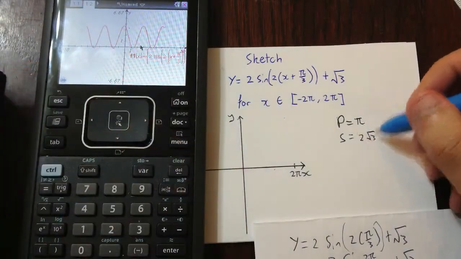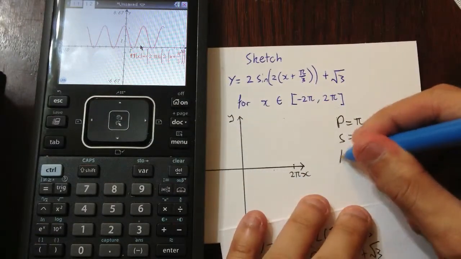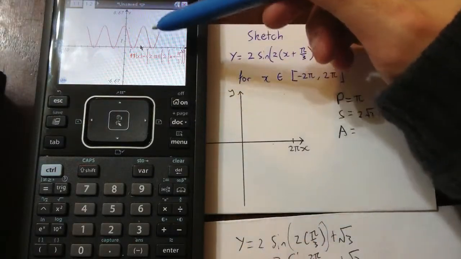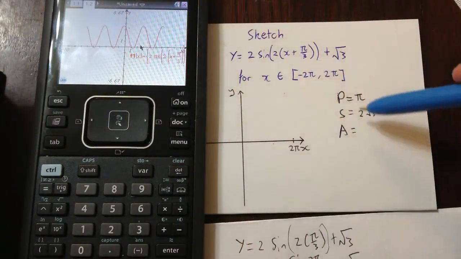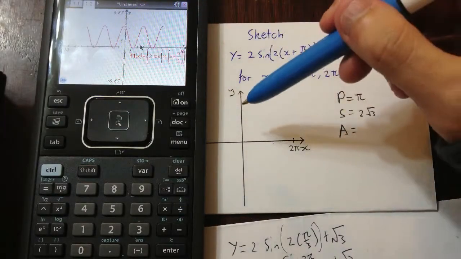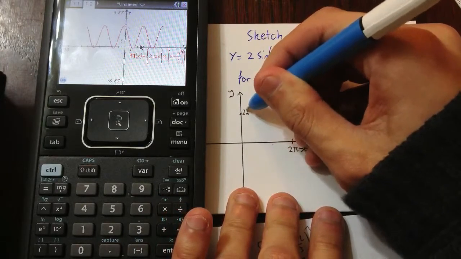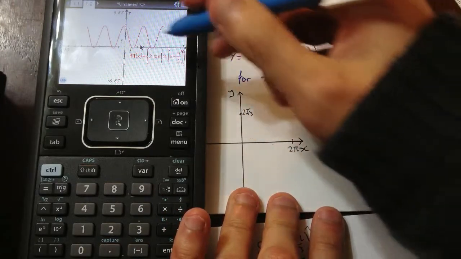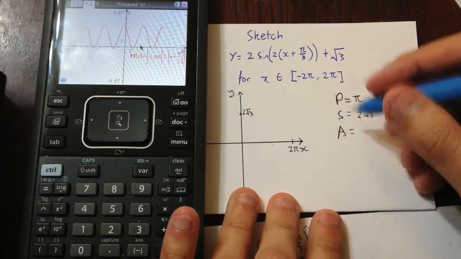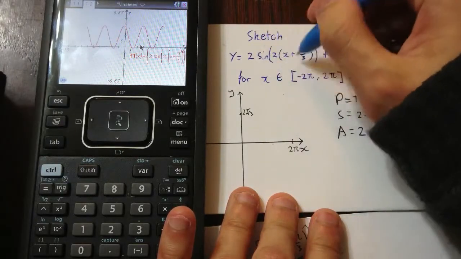Root 3 is about 1.7, something like that. So we're expecting it to be positive and somewhere maybe up here. Finally, we want to know where our top and bottom are. This calculator can tell us everything, but it won't give us exact values, so we need to figure out all the exact values. Then we can just label them. For example, I could just put 2 root 3 here, and I'll know that's the point I'm going to draw later. But finally, we should figure out the top and the bottom. Our amplitude is 2. It's the number in front of the sine, affecting the sine.